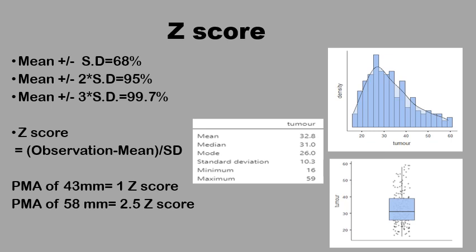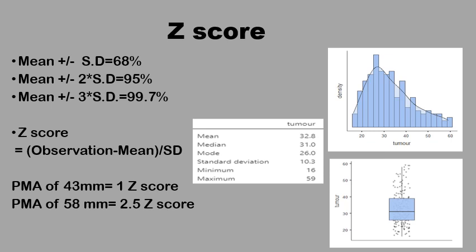If you have a tumor that measures 43 millimeters and the mean tumor size is 33 millimeters, the difference is 10 millimeters divided by the standard deviation, which is again 10, then the Z-score is 1. If the tumor size is 58 millimeters minus 33, the mean tumor size, this is 25 millimeters divided by 10, then the Z-score is 2.5.